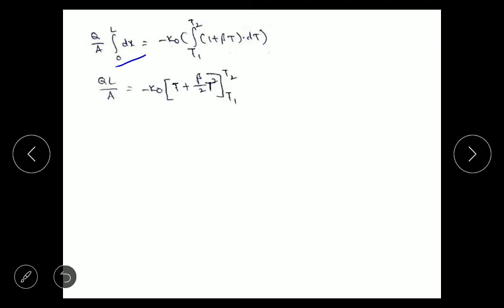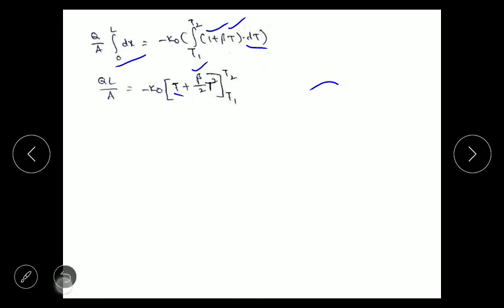side, integration of 1 with respect to dt is t, plus beta is a constant, integration of t with respect to dt is t square by 2, that can be written like this, beta by 2 into t square, under the integration limits of t2 and t1.